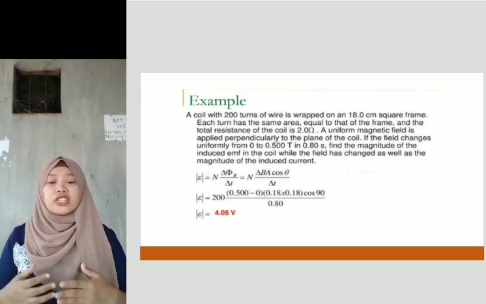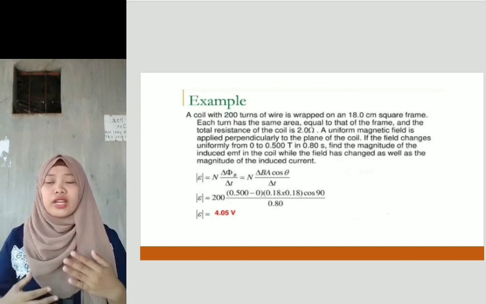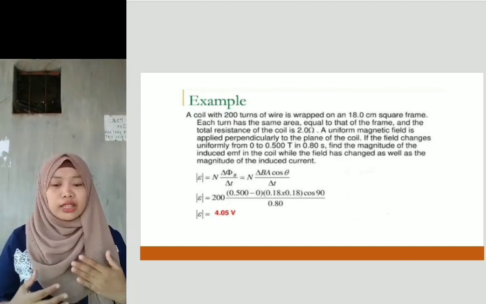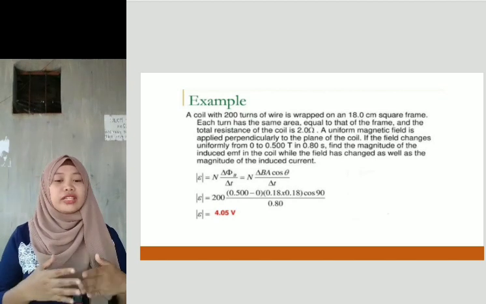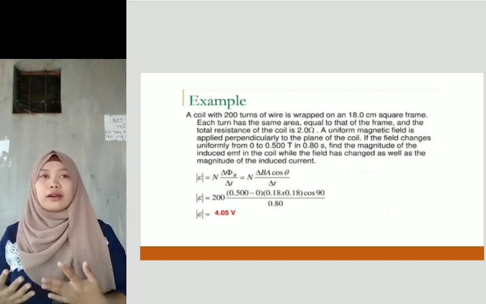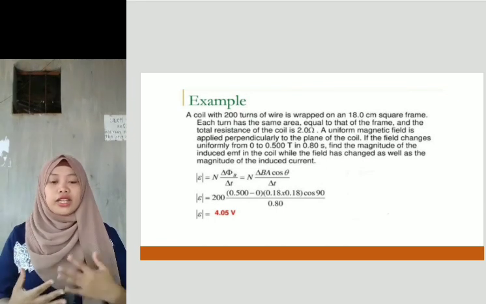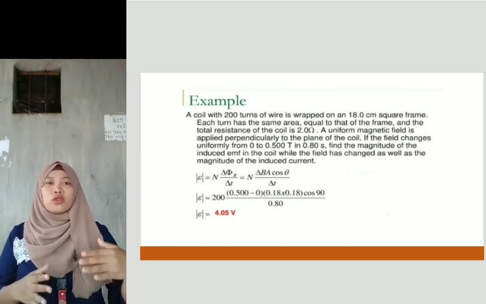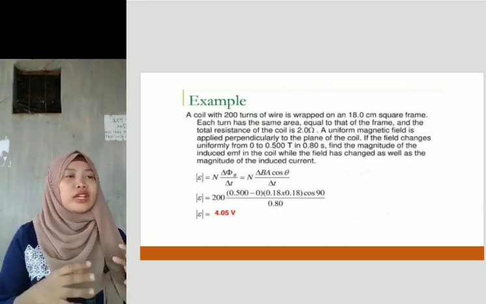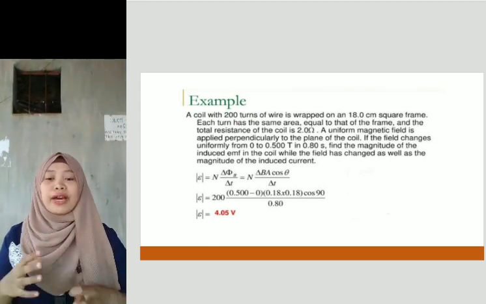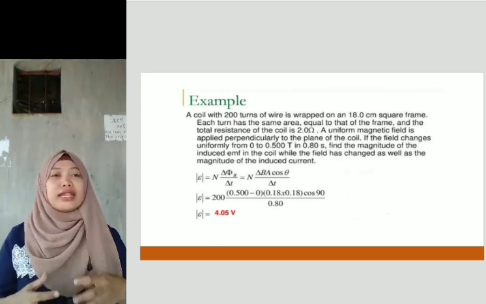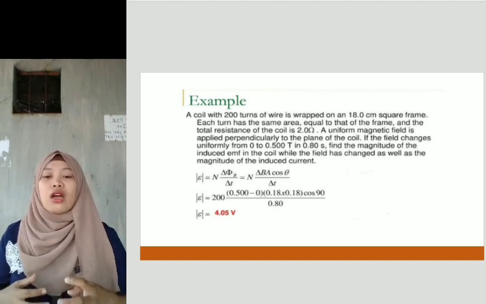So, ang hinahanap natin dito is find the magnitude of the induced EMF in the coil, while ang field ay meron siyang changes. Kung ano man yung given natin, yan yung isa-substitute natin sa formula para mahanap natin yung hinahanap natin na induced current. Okay?